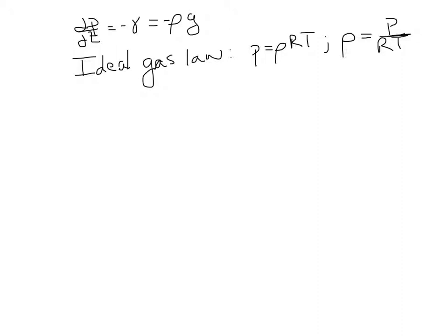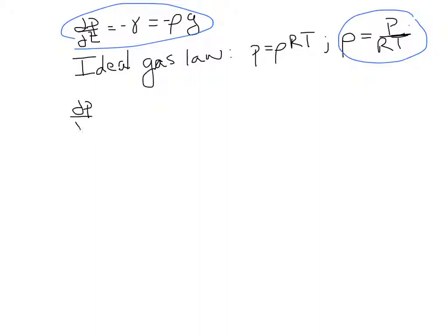Let's see what happens if we substitute this expression for density into our hydrostatic pressure distribution. So we have that dP/dz would therefore be equal to minus g times the pressure itself divided by RT.